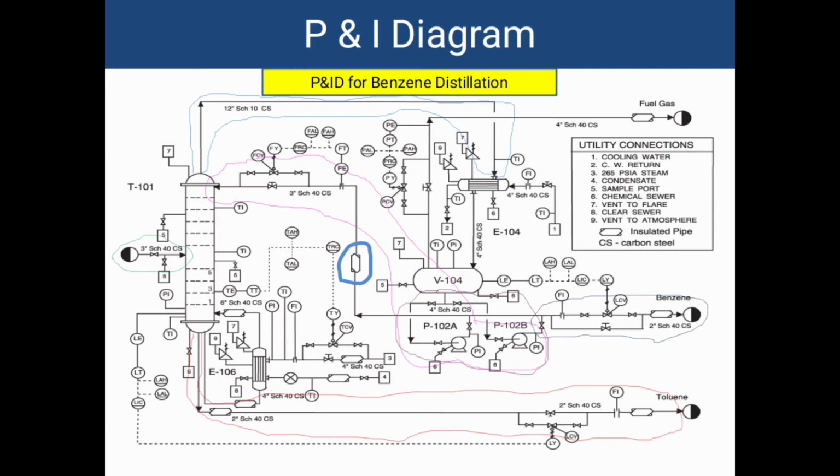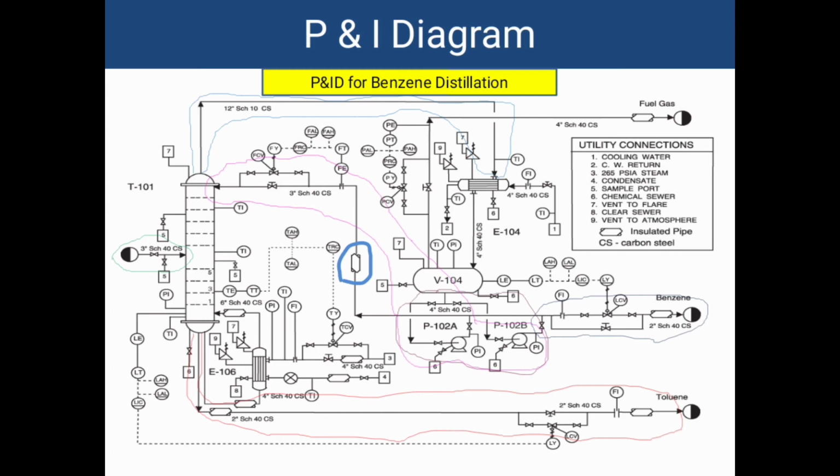There are 7 separate pipelines you have to trace in the plant. These 7 pipelines connect 4 important vessels, that is, the distillation tower, cooling condenser, reflux drum, and reboiler, and 2 pumps are also connected.